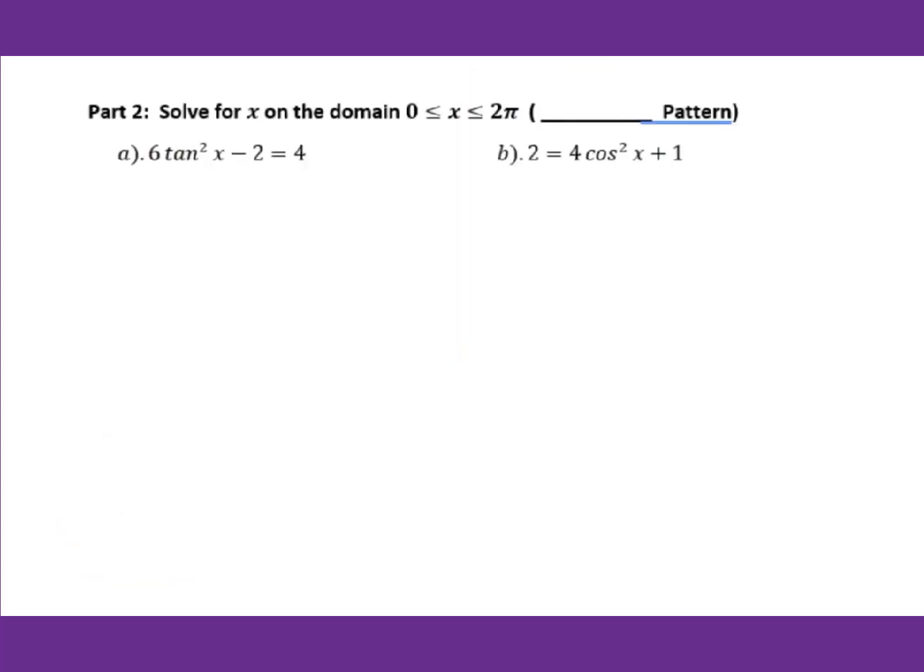Let's go to part 2. Solving for x on the domain 0 to 2 pi. What's the pattern for this equation? Since we only have tangent squared or cosine squared, we call this a power pattern. Keyword, still isolating.